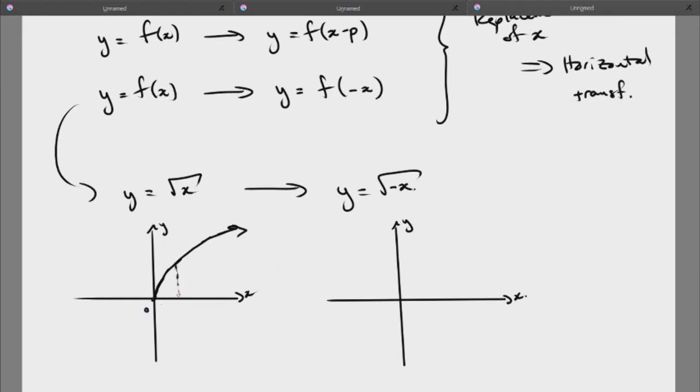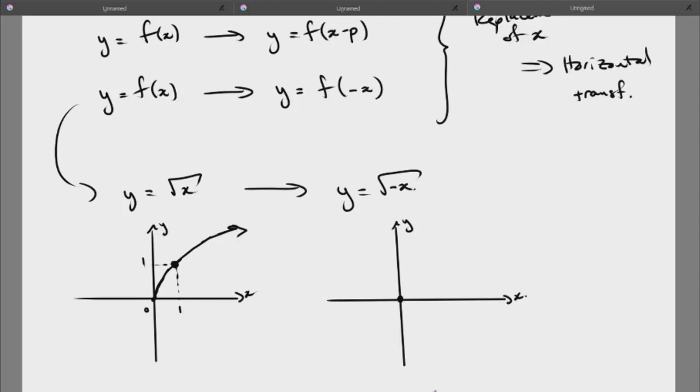If I keep tabs on a reference point here, maybe (1, 1) is a nice one, let's see where that now goes. First of all, if x equals 0, I still have 0 inside the square root, so that bottom key point is still in the same position.